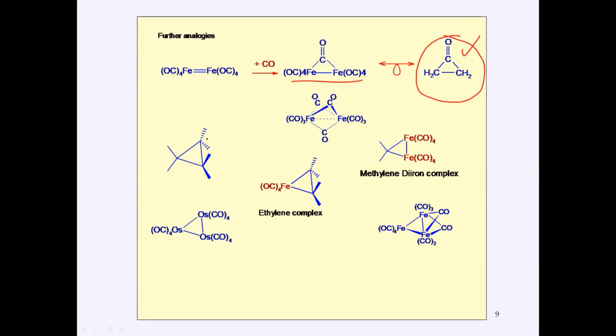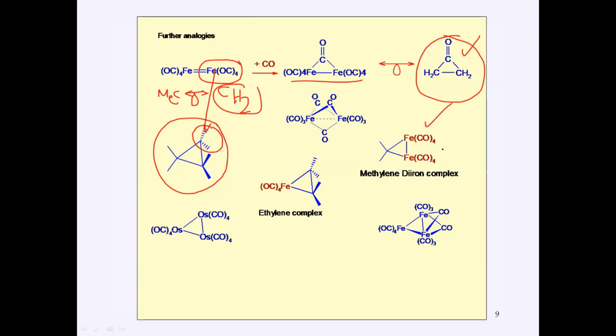So this compound exists, and this is something similar to CH2. CH2. This is actually CMe2. CMe2 is also isolobal with CH2. Okay, so the CH2 group is isolobal with this fragment. Therefore, you can simply substitute this part over here. See, this compound is obtained, a methylene diiron complex, right?